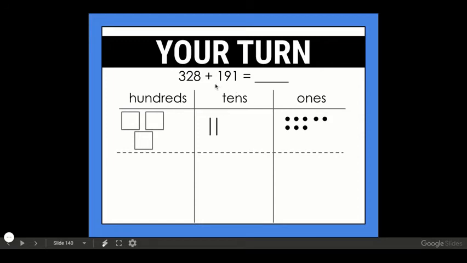Now let's add in our second addend, 191. So you're going to do that below the dotted line. All right, let's compare. Do you have 1 hundred, 9 tens, and 1 one?